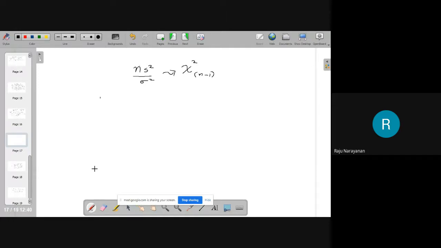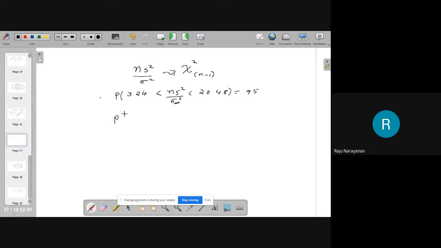That is, the probability that 3.24 is less than n s square by sigma square, which is less than 20.48, is 0.95. n is known, s square is also known. The only unknown thing is sigma square.